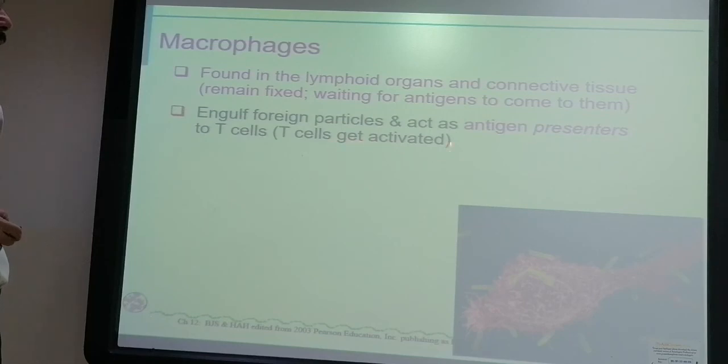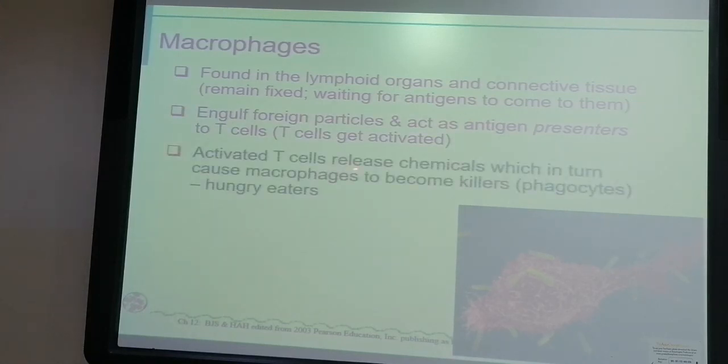The T cell then gets activated and releases chemical substances, which in turn cause the macrophage to become a killer. It will become more phagocytic and hungry to eat those antigens, so it will kill them.